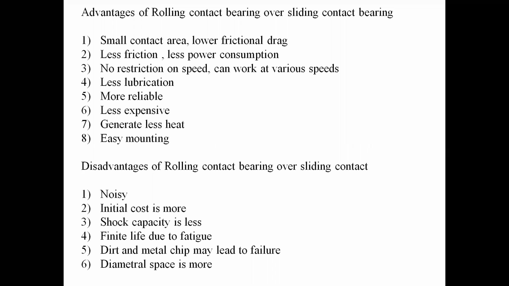As we need a roller or ball, obviously the diameter of the bearing will be larger than our simple sliding contact bearing. So these are the disadvantages of rolling contact bearing over the sliding contact bearing.